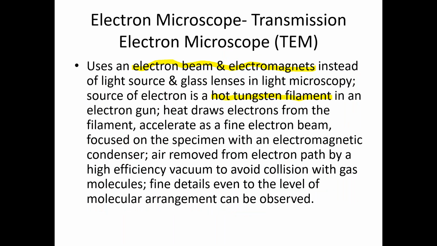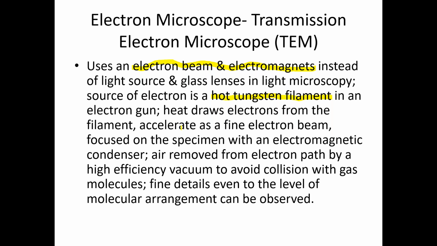That's why the tungsten filament will become hot. Now what is happening? Heat draws the electrons from the filament. As a result of applying a high voltage of around 60,000 volts, the tungsten filament will become red hot, and electrons will be drawn from the tungsten filament.